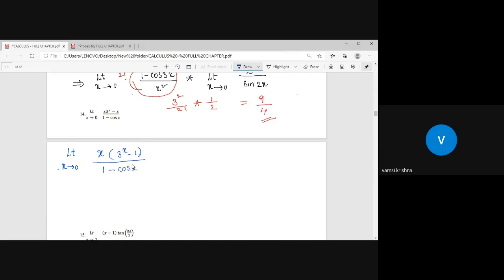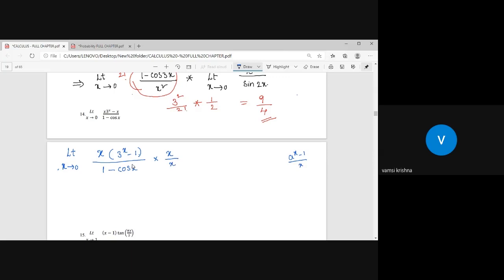So when you see this 3 power x minus 1, it is just like the format (a power x minus 1) by x. If you have this x, then you can apply the formula. So there is no such x. You please adjust one more x to this to convert into formula manner.